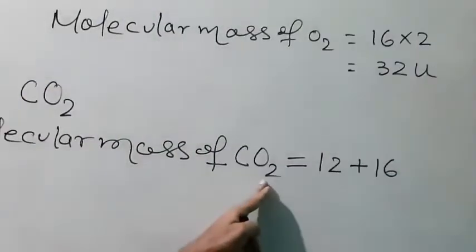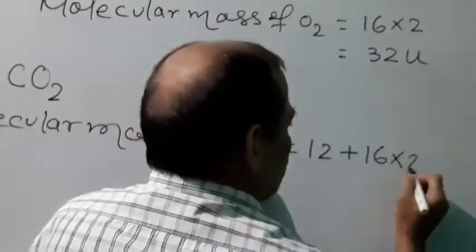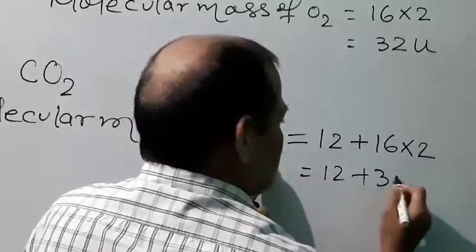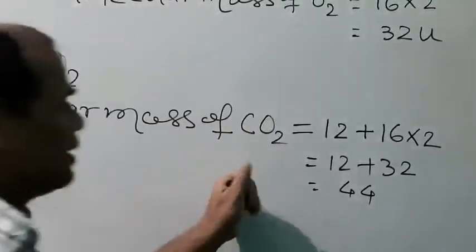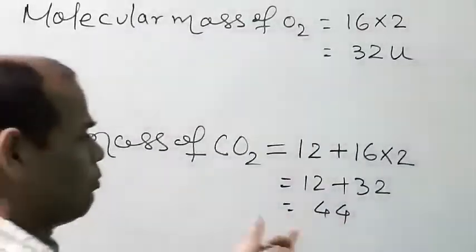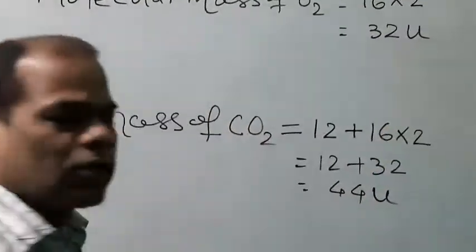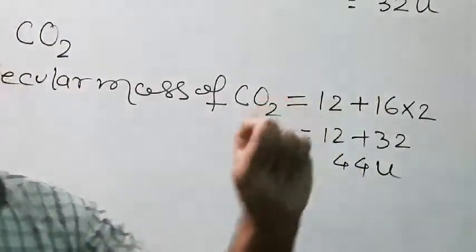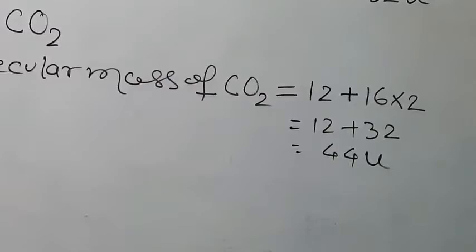How many oxygen atoms are present here? 2. Now 12 plus 2 times 16 is 12 plus 32, that is 44. It means the molecular mass of carbon dioxide is 44, and the relative molecular mass of carbon dioxide is 44 u. Here u stands for unified mass, that is, atomic mass unit.